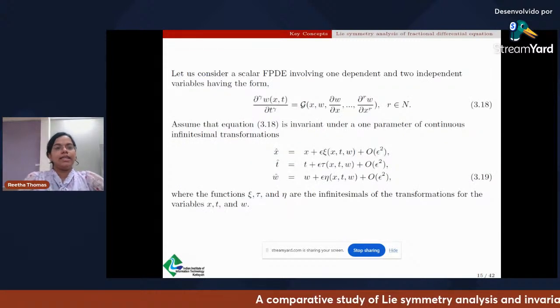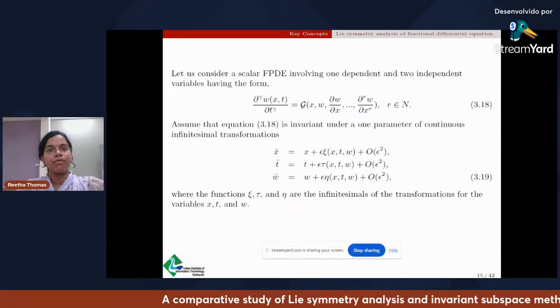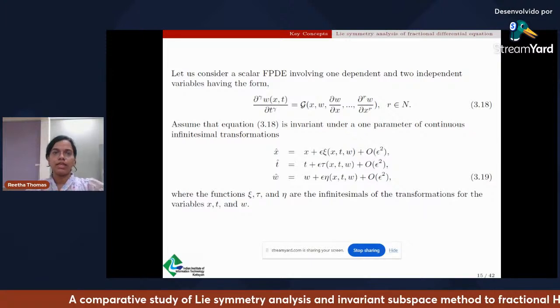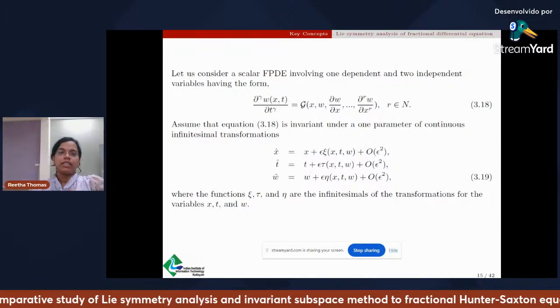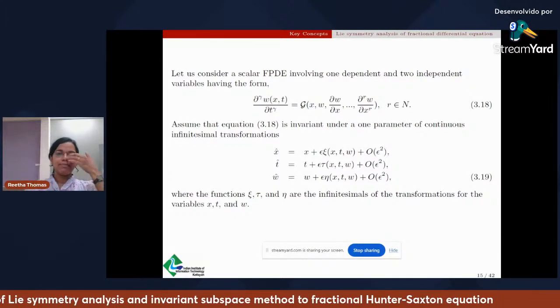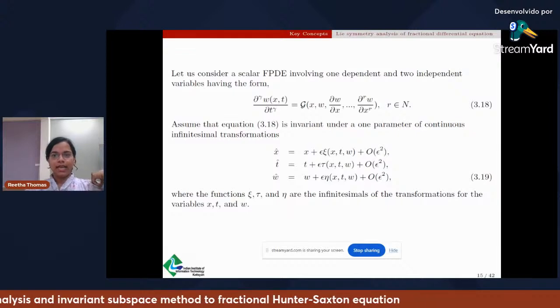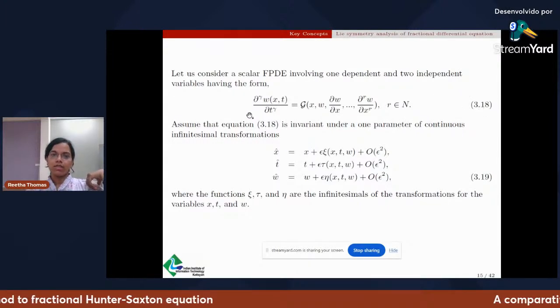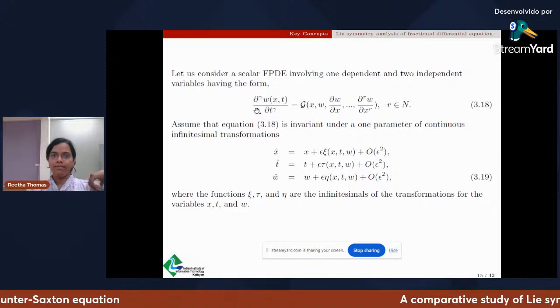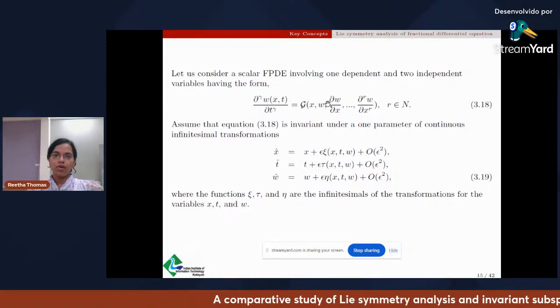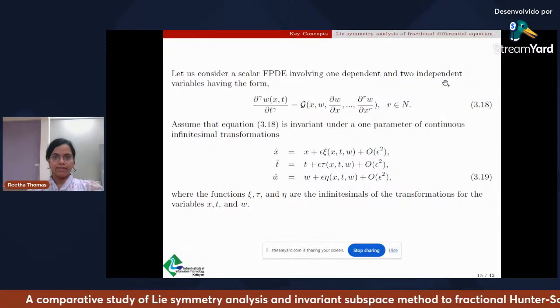We can extend that concept to fractional PDEs, to solve fractional partial differential equations using Lie symmetry analysis. For that, consider equation 3.18, which is a fractional PDE: dou gamma W by dou T gamma equal to G of x, t, W, Wx, dou r W by dou x r.